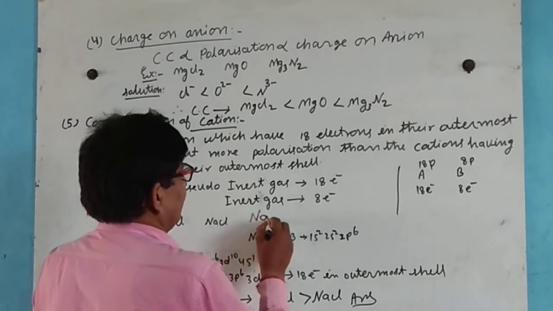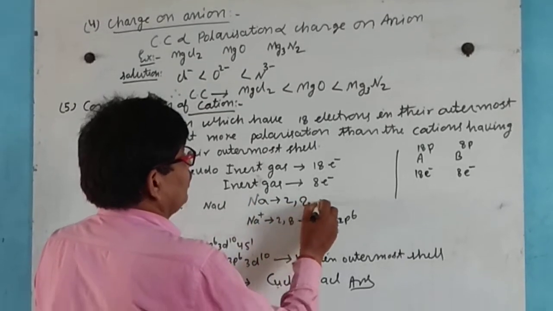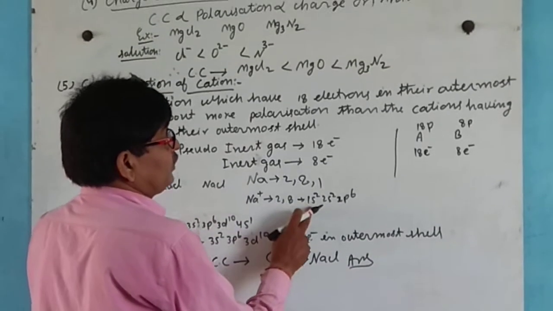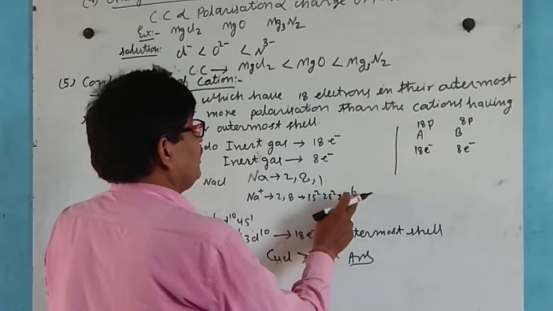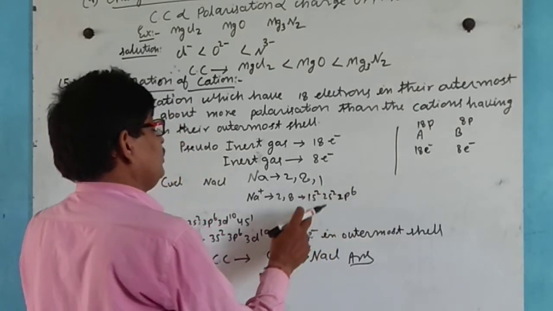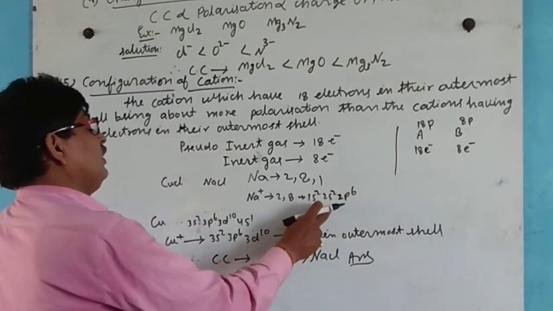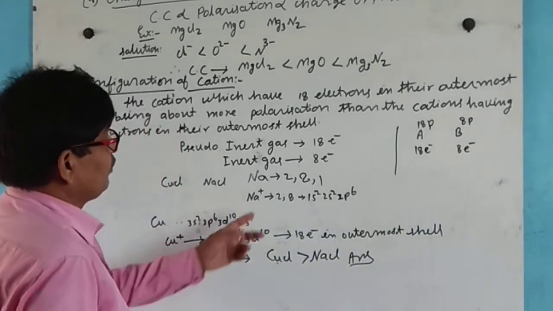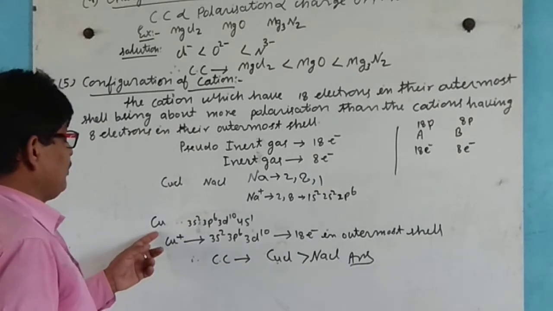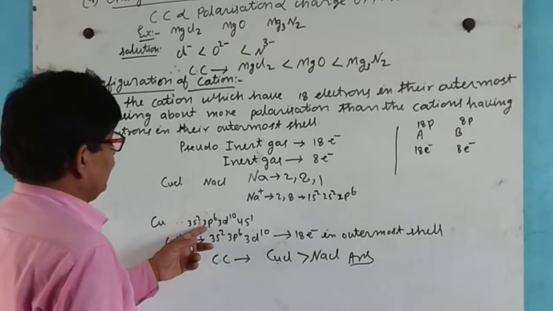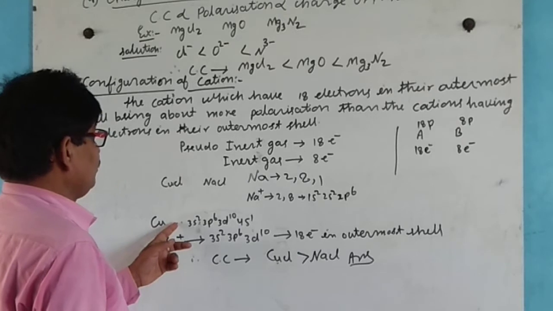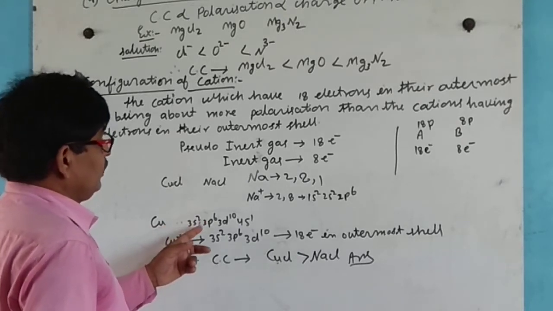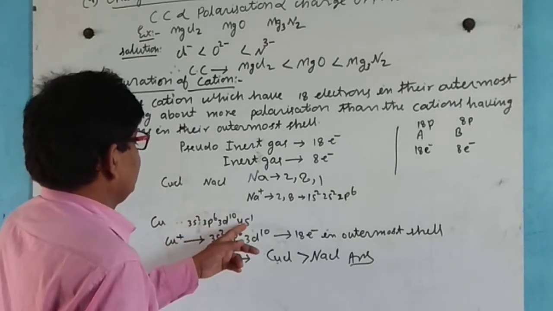Sodium electronic configuration is 2, 8, 1. One electron is removed, so it forms the sodium ion, 1s2, 2s2, 2p6, with 8 electrons in the outermost shell. In copper chloride, the configuration is 1s2, 2s2, 2p6, 3s2, 3p6, 3d10.